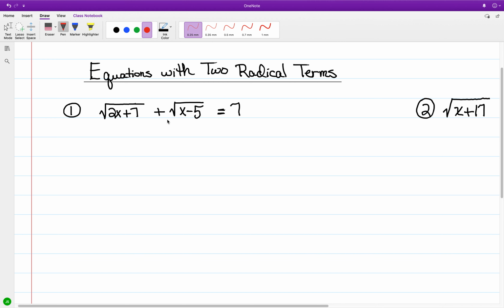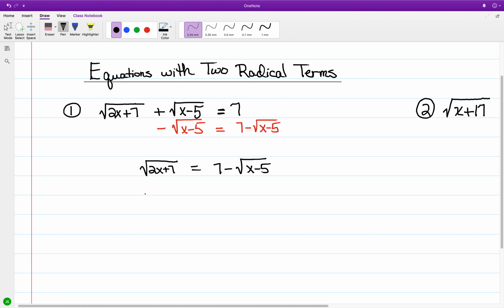And if we isolate one of the radical terms, and we will isolate the square root of 2x plus 7, so if I take away the square root of x minus 5, we're going to have the square root of 2x plus 7 is equal to 7 minus the square root of x minus 5.